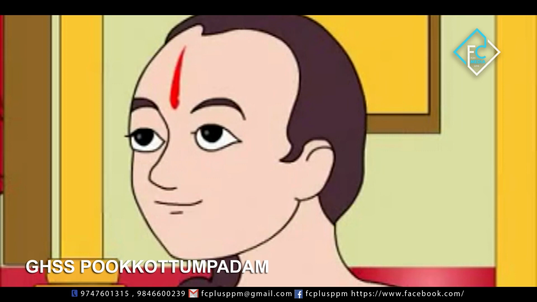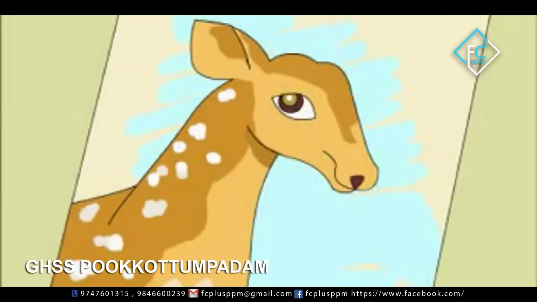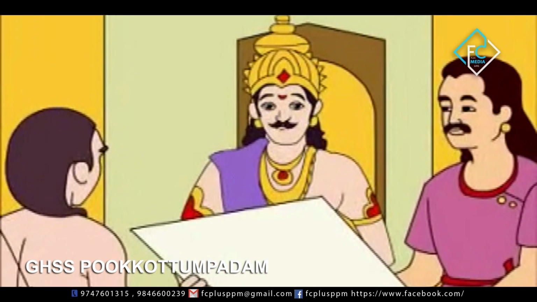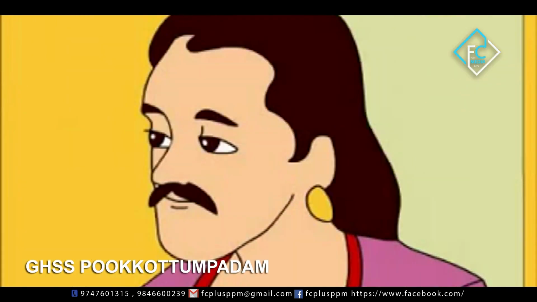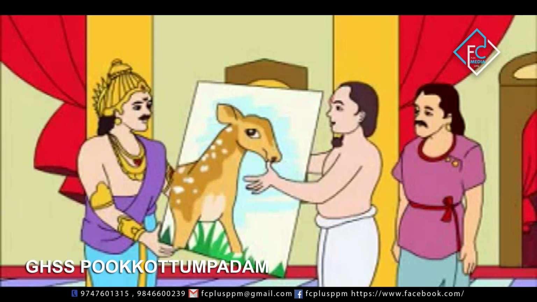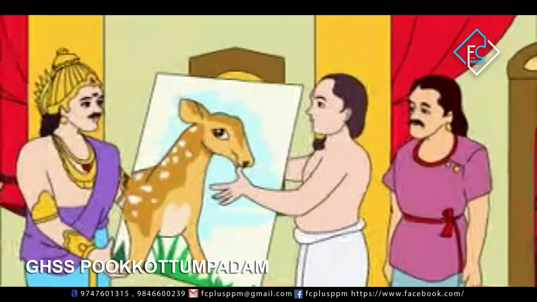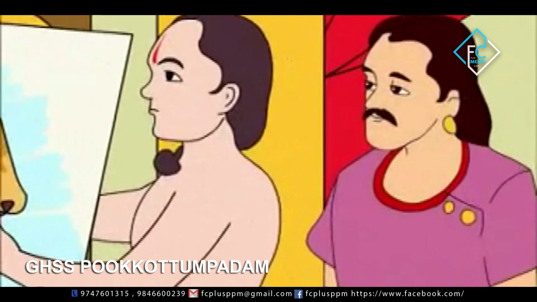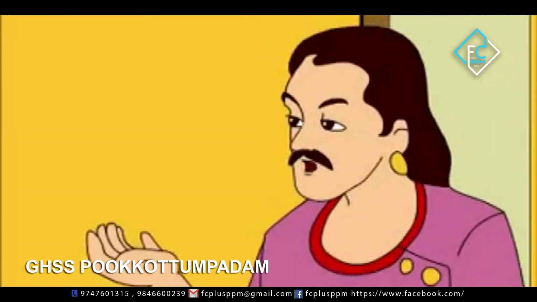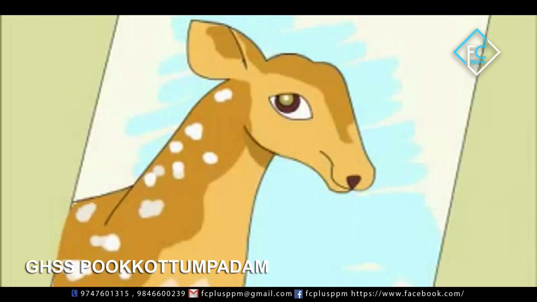But did you notice that the deer has only 1 ear? The king could not say anything, but the painter did not want to accept his mistake. This deer is looking at something to its right. That's why the left ear is not visible. But the ear is totally not visible. The painter got angry and said, An ordinary man like you cannot judge my great works. Only an admirer understands the beauty of the picture.